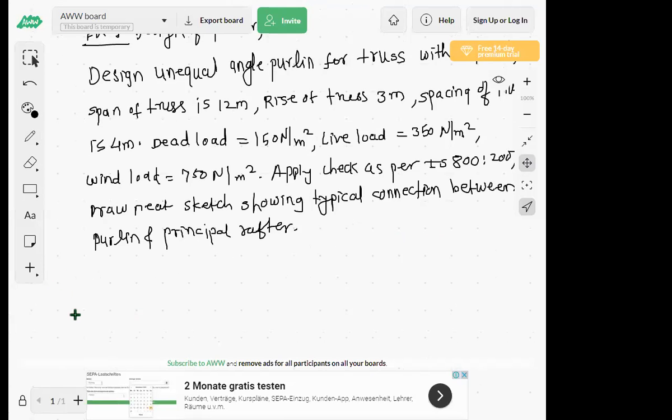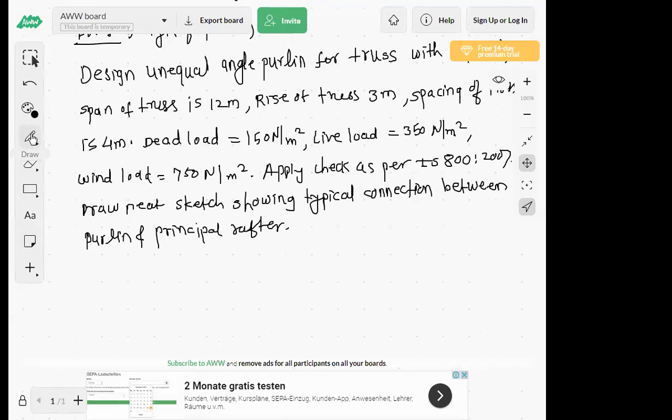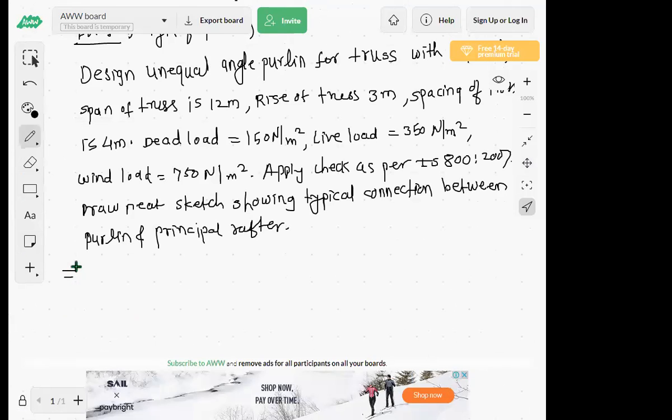So what data have they given? We have to design the unequal angle purlin.